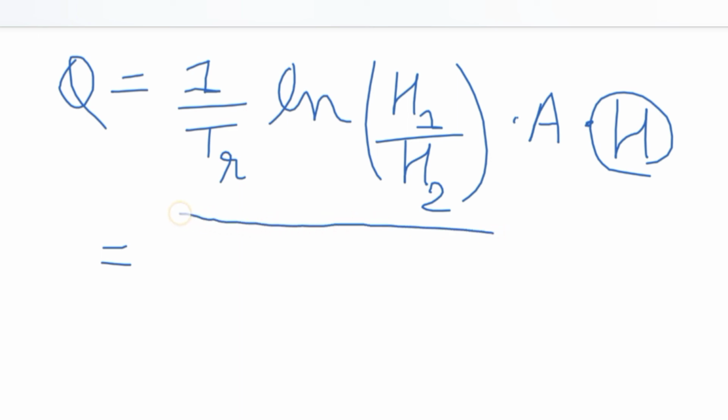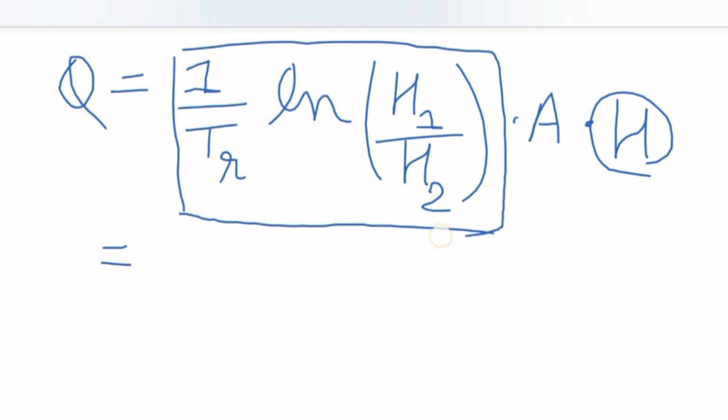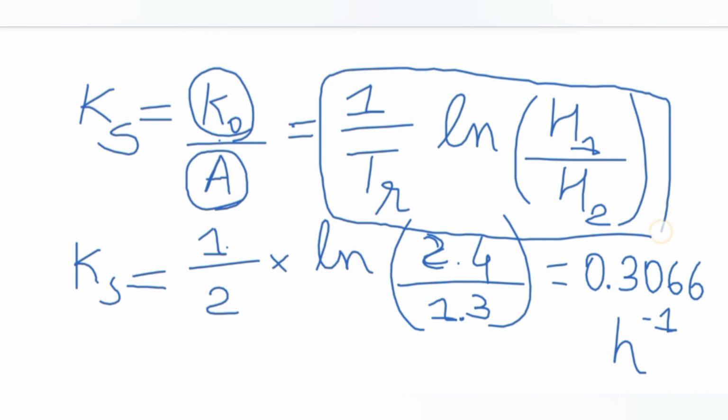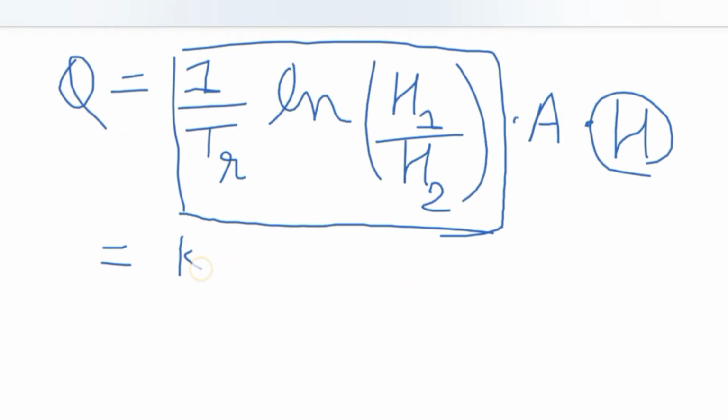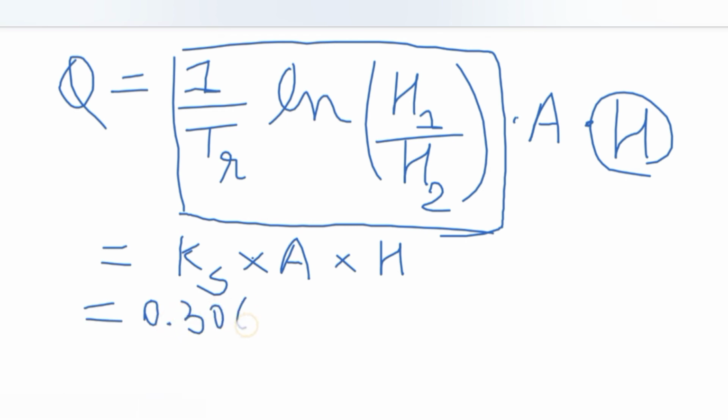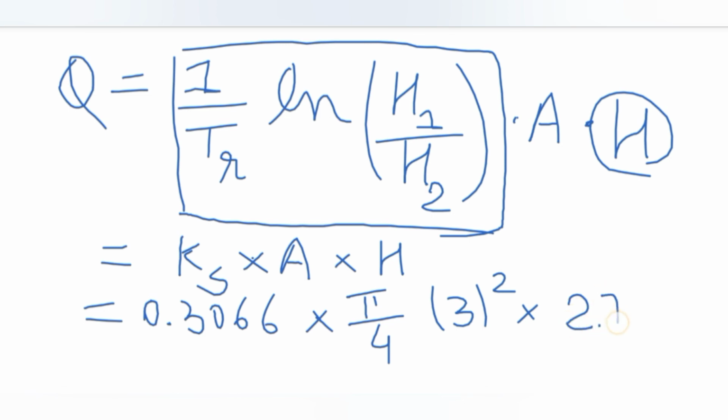This will be Ks, as you can see that the equation for Ks is 1 upon Tr ln H1 upon H2. So discharge is equal to Ks into area of well into drawdown. So Ks is 0.3066 into area of well, that is pi by 4 d square, and d is 3. So pi by 4 into 3 square into drawdown. Drawdown is 2.75 meter.